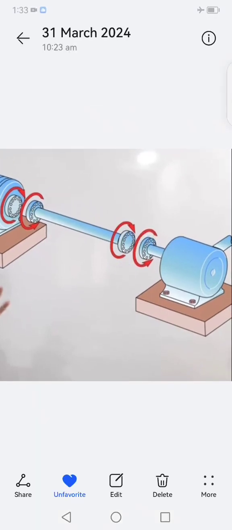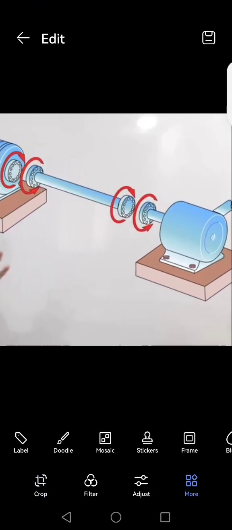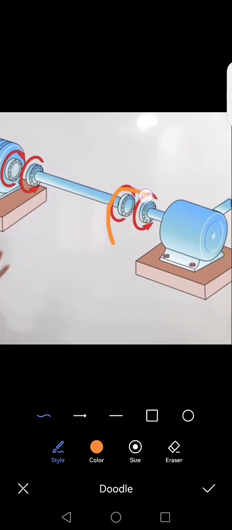As this motor rotates, it's going to twist this shaft in this direction. So this shaft will be twisted in that manner.